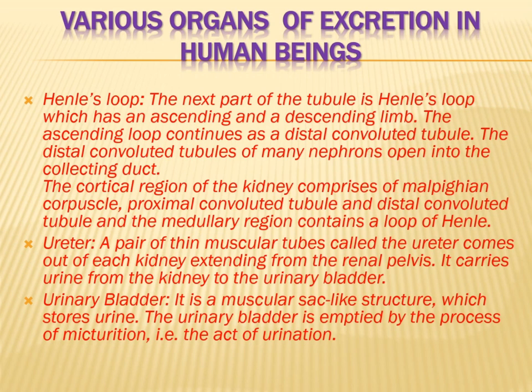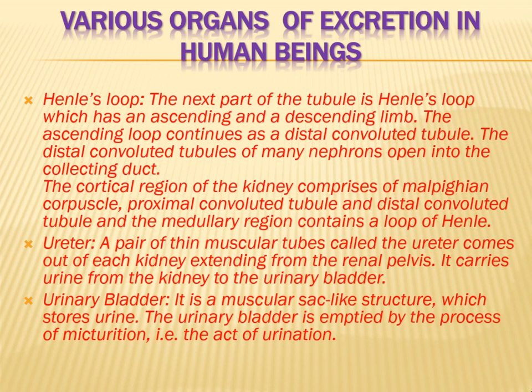So let's move to the next part, which is the next organ, the ureter. Now, what is the ureter doing? The ureter is a pair of thin muscular tubes that come out of each kidney, extending from the renal pelvis.